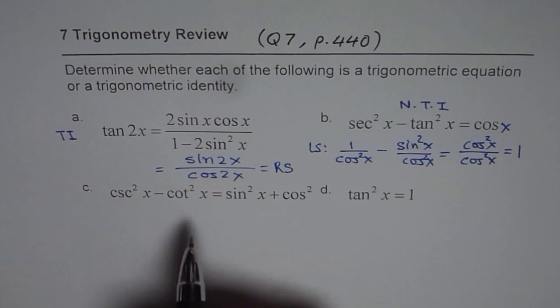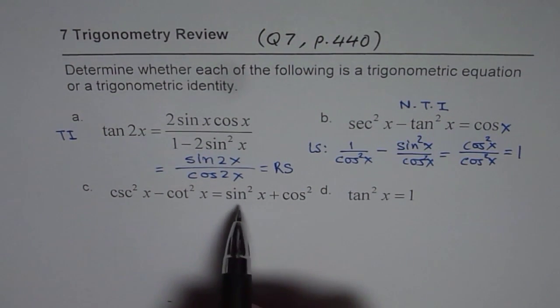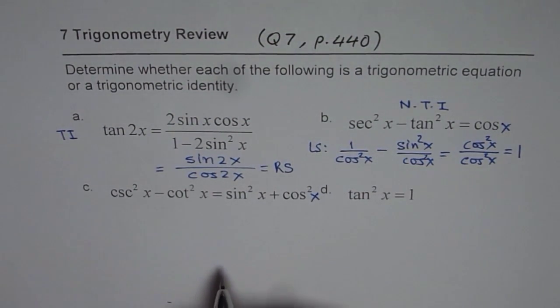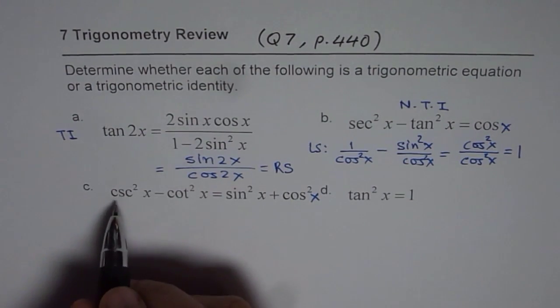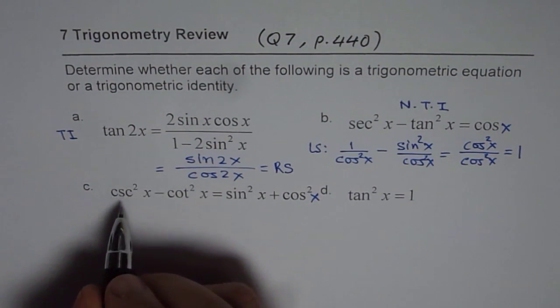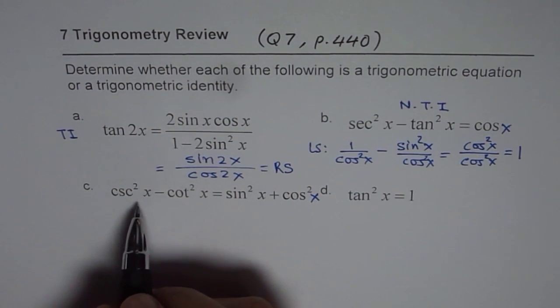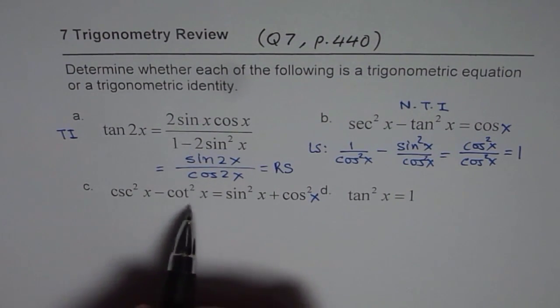Now this one is cosecant squared x minus cotangent squared x equals sin squared x plus cos squared x. Now, sin squared x plus cos squared x is 1. On the left side, let us see what it is. Cosecant squared x, well, if you know Pythagorean trigonometric identities, we have a straight answer here. But I'm not going there.